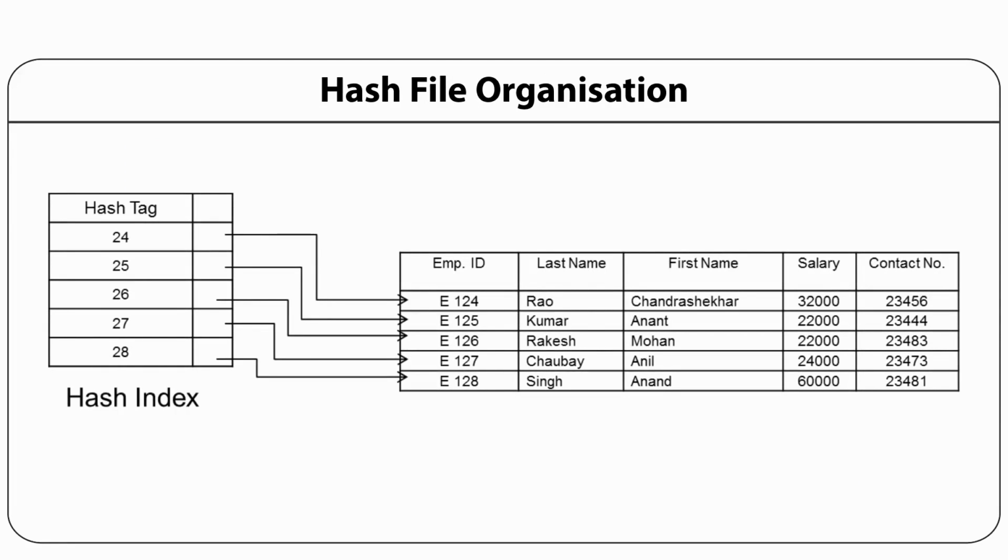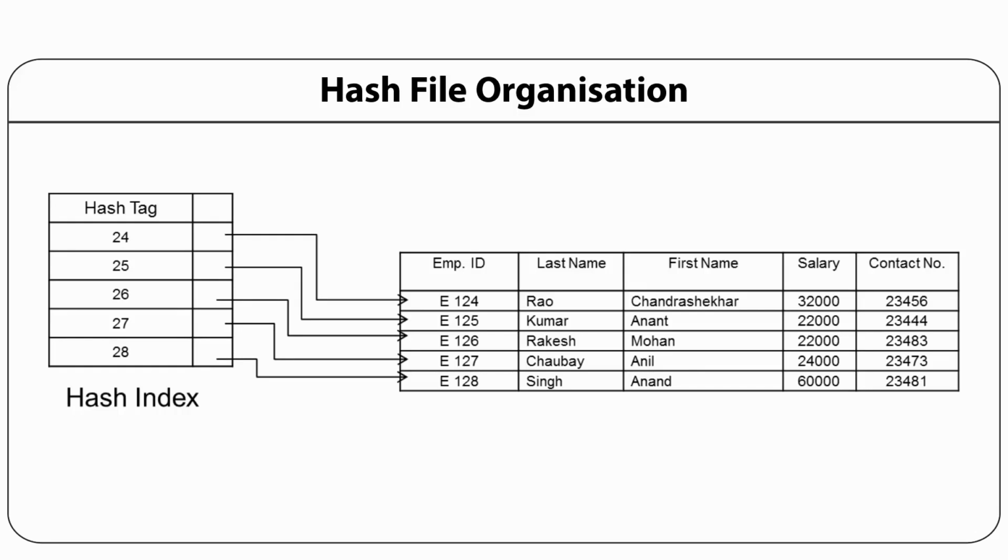Here, on the right hand side, we have several records with different fields like employee ID, last name, first name, salary and contact details. On the employee ID field, the system has created hash tags, and these values are, to some extent, unique.